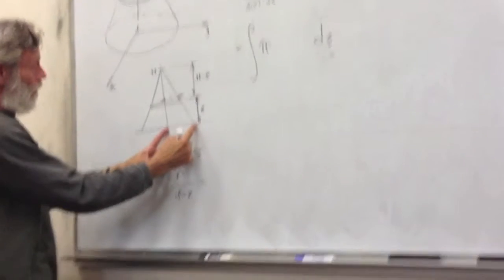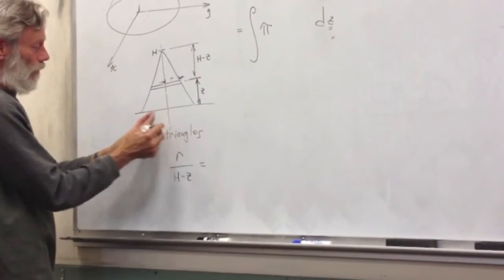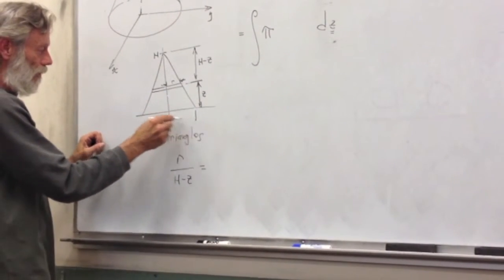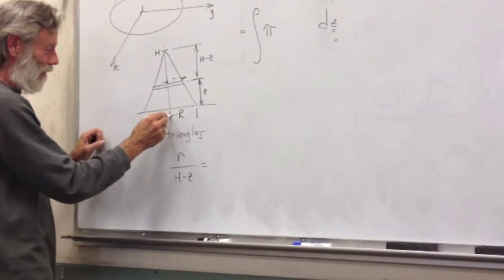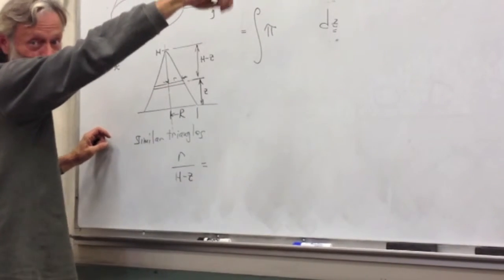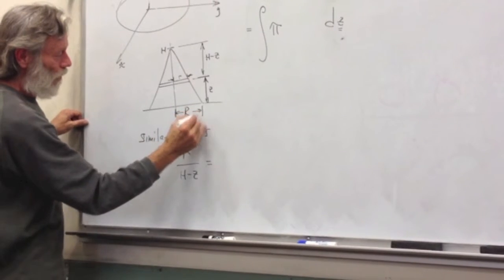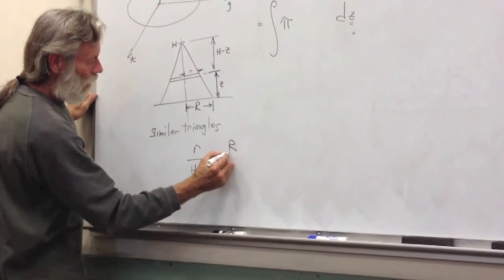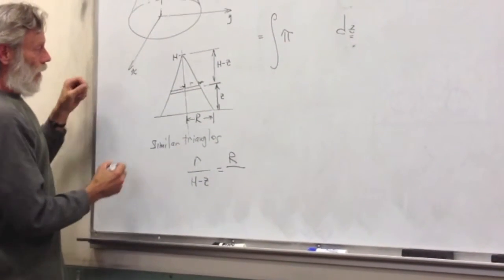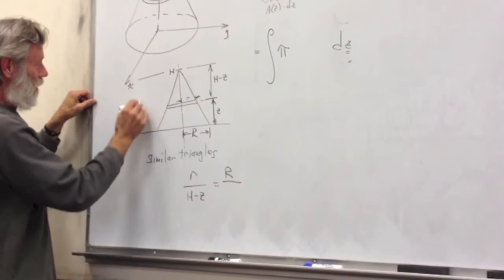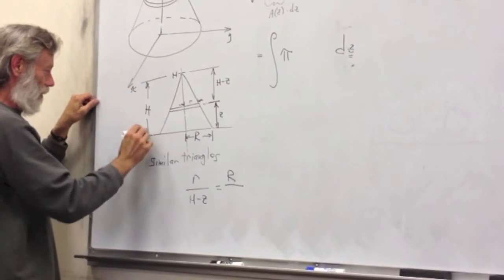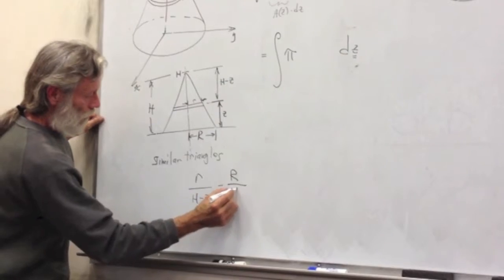What was that value? R. That's the big R, the one that I decided to call the radius of that cone, so that's the big R. So as big R is to, well, this distance in here is the big H. It's the height, so there it is.